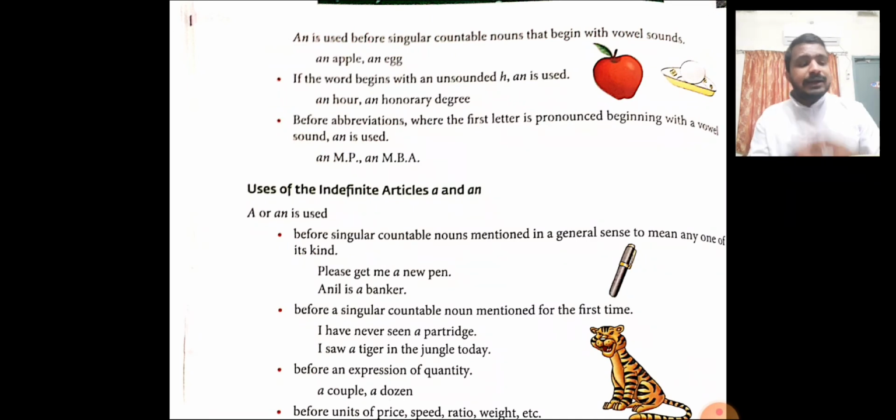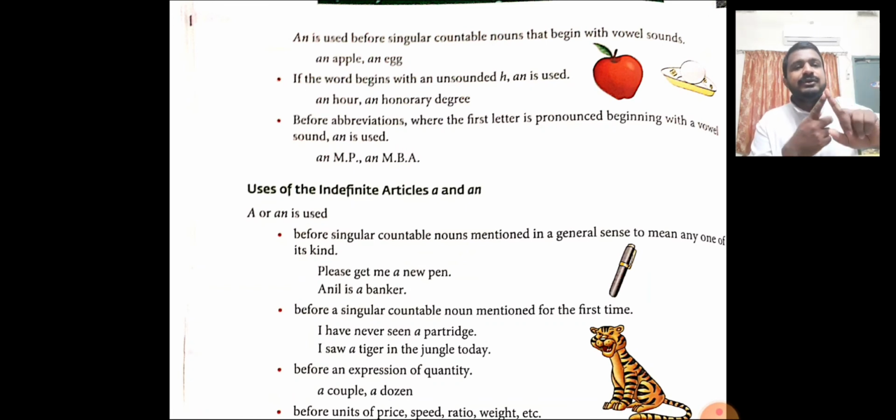Now, what are the uses of these articles a and an? Till now we were saying how to use. Now we are going to see almost eight usages. First one is the same thing we have seen: before any singular countable noun mentioned in a general sense. Please get me a new pen. Anil is a banker.